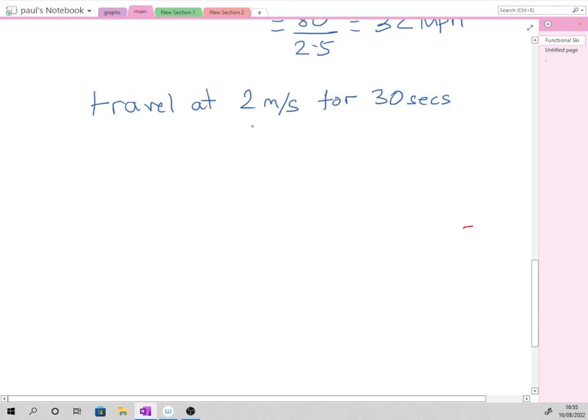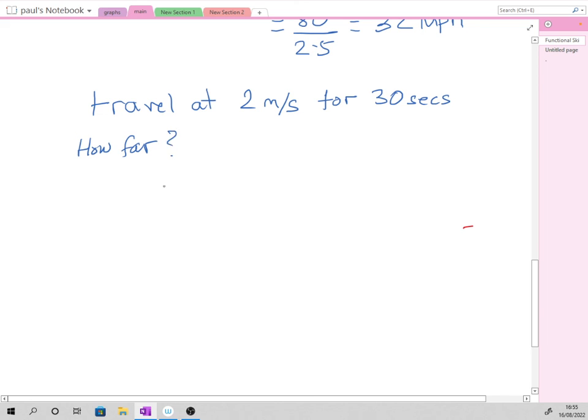I don't think it comes into functional skills too much, but when you start mixing up seconds and minutes and meters and kilometers, it gets a bit of a nightmare because you've got to do all those conversions first before you start multiplying. So we're traveling at that speed for 30 seconds. How far can we go?